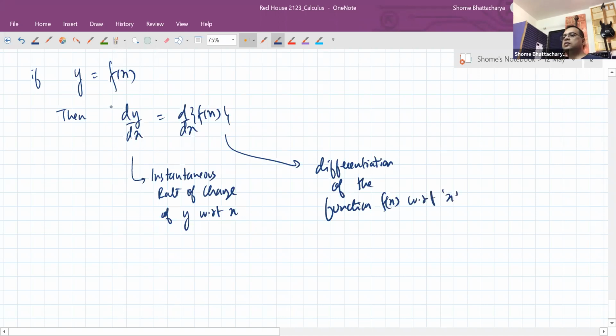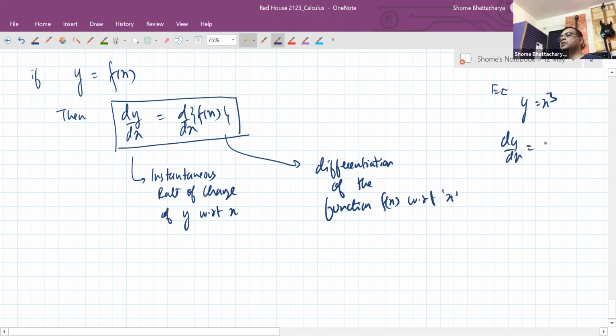So this is the operation of differential calculus. We have seen all this, that for example, if y is equal to x cube, then differentiation of this will result in 3x square.